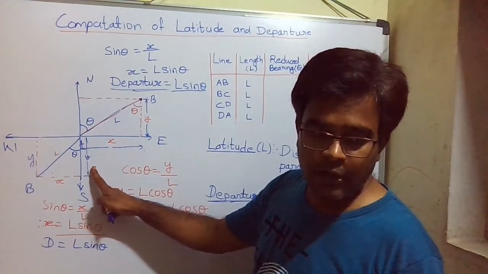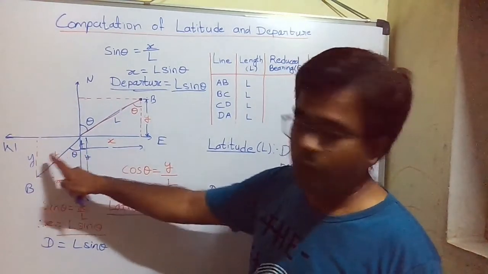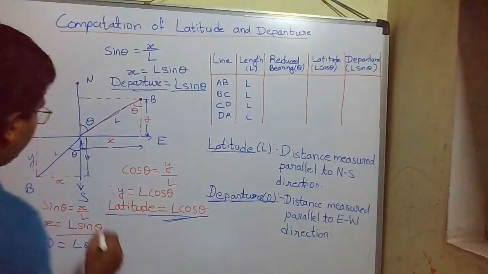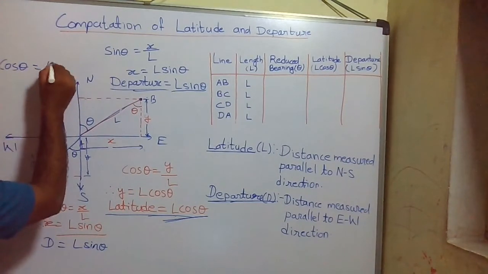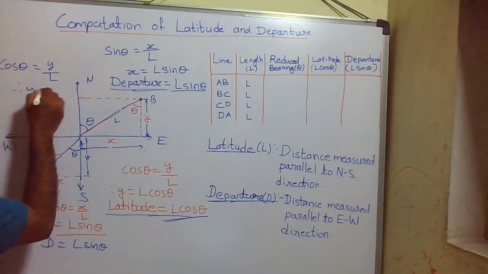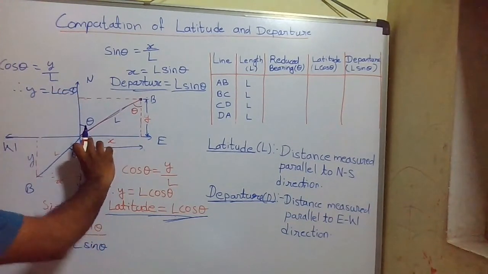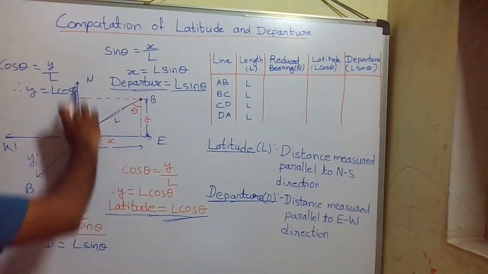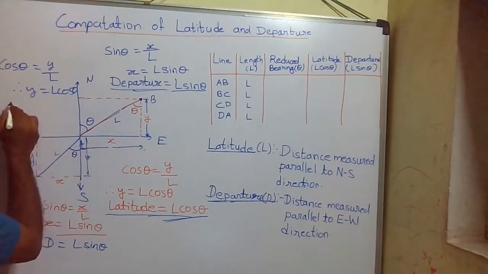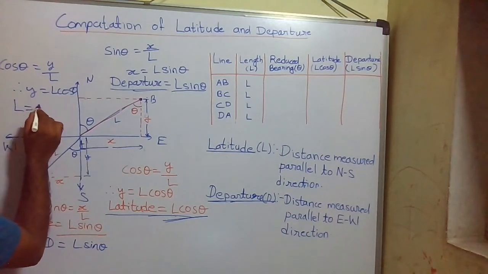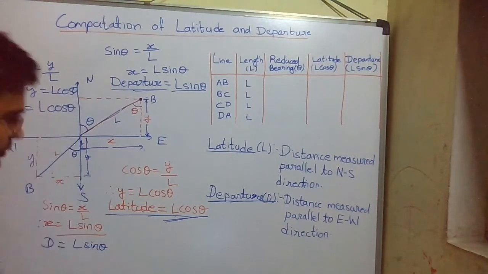So we get cos theta is equal to y by L. Therefore y is equal to L cos theta, and this y is the distance of this line parallel to the north-south direction. That is the latitude of the line. Therefore latitude is equal to L cos theta.